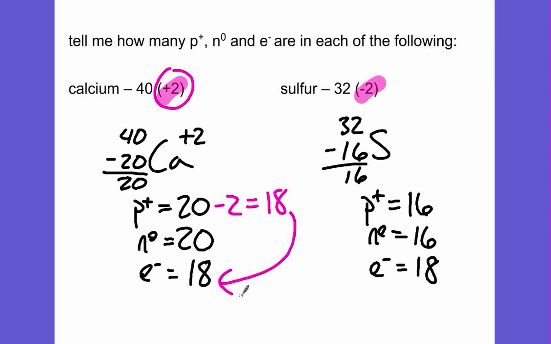Whereas over here with the sulfur, it was a -2, so you can add 2 to your protons, and that would give you an appropriate number of electrons. So you can use that little trick if you'd like to. Just do the opposite of what that charge says, add when it says subtract, subtract when it says add, and that should give you the number of electrons.